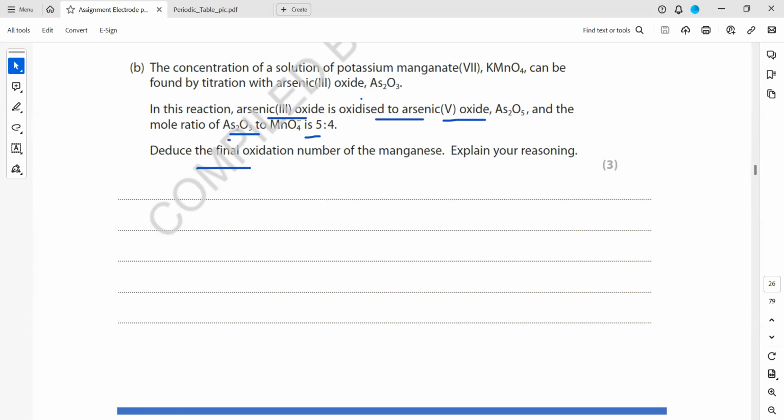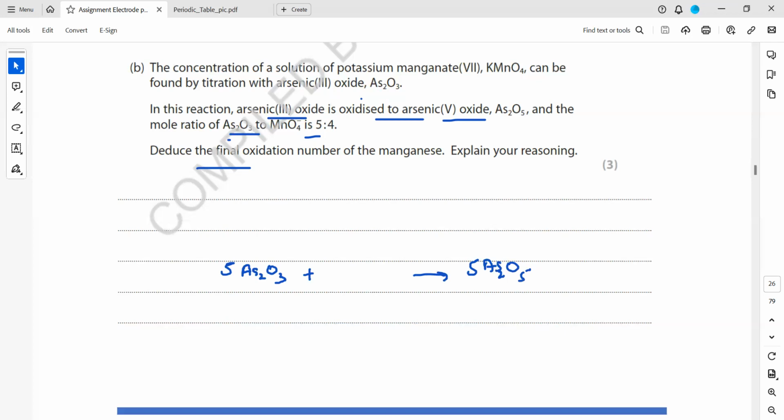So if we write the arsenic equation for that, if we have 5 molecules of arsenic 3 oxide, it will form 5 molecules of arsenic 5 oxide.